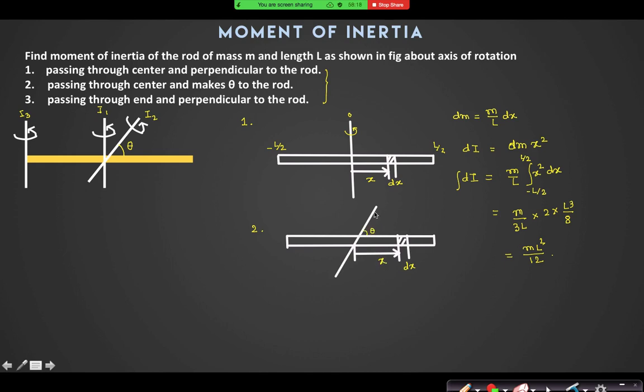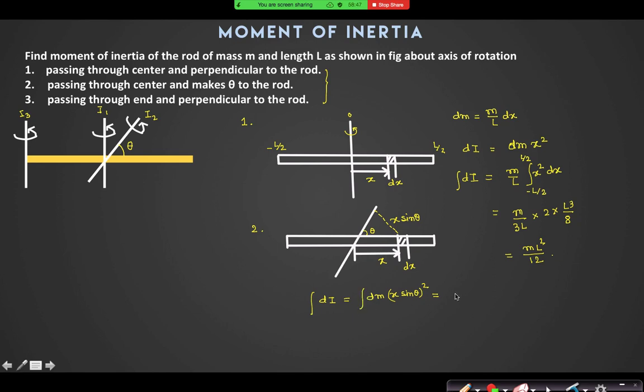So what is the distance from the axis of rotation to that element? Now it is no longer x, it is x sine theta instead. So the moment of inertia is dm into x sine theta whole squared. So instead of dm x squared, I have multiplied with x squared and sine squared theta.